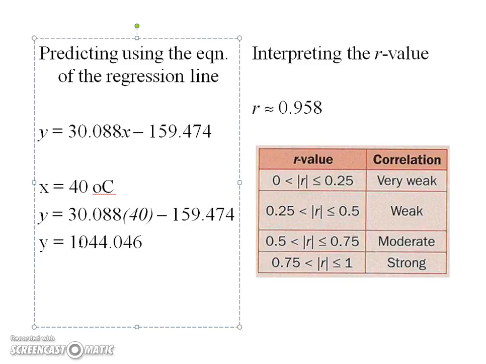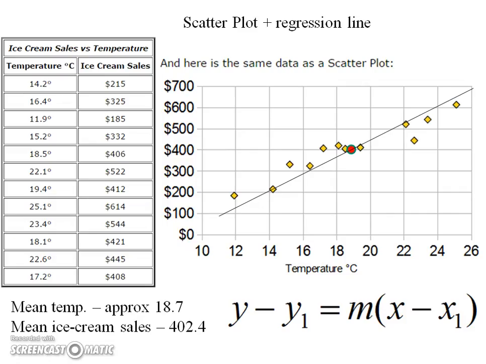So my final answer is going to be something like y is equal to 1044. It depends on what the question is asking you to round to. So if my temperature is about 40 degrees Celsius, my ice cream sales will be approximately $1,040.